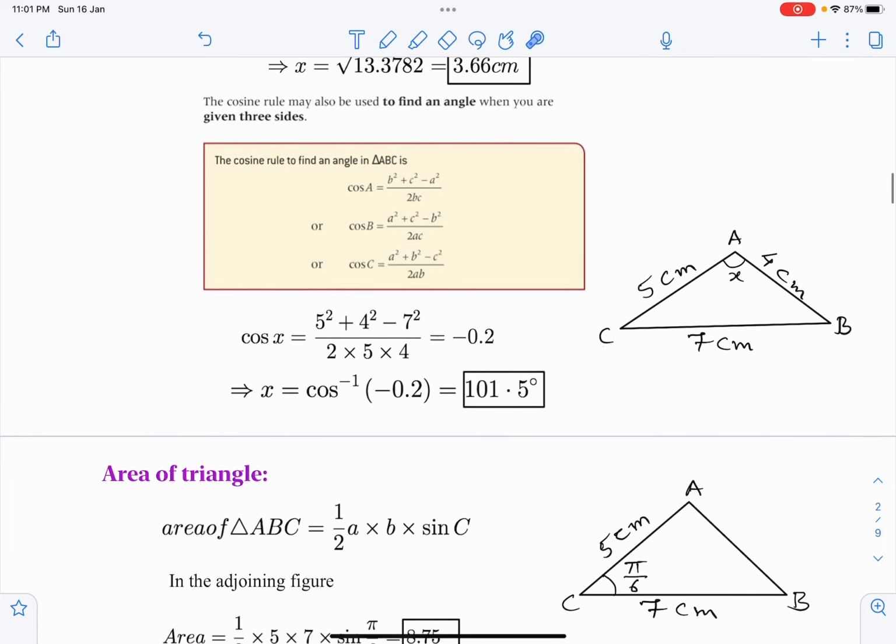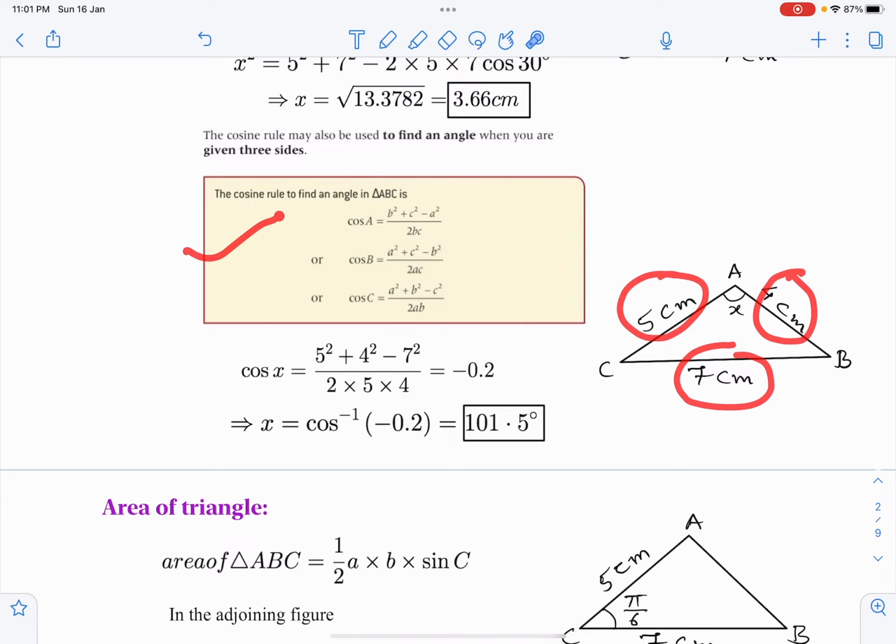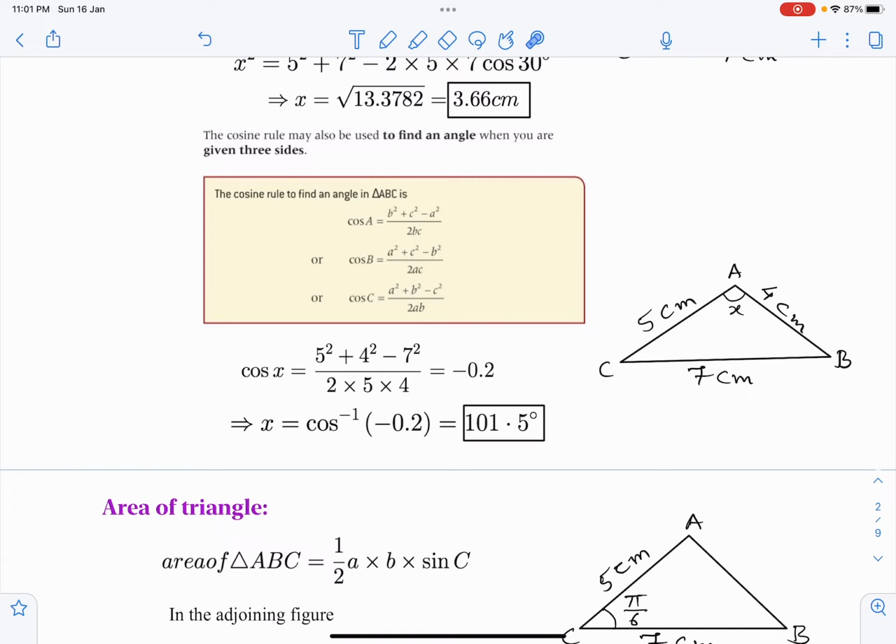Now look at the second case. When all the three sides are given, again you can use the cosine rule, but in this form, because when all the three sides are given, definitely you want a certain angle. So I want this angle A. Okay, so to find angle A, I am going to use the first part of it. Now how is this first part?